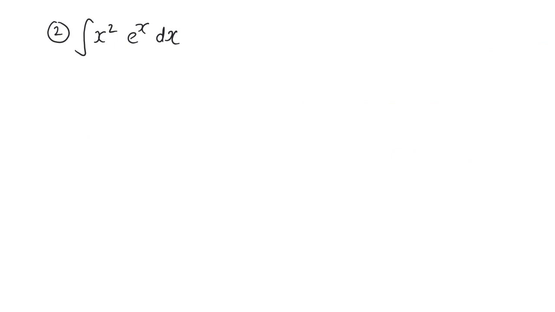So now our second one, we're integrating x squared e to the x. Again, it's a product, so we know it's parts. Let the first term be u, so u equals x squared, so du by dx is going to equal 2x, which means dv by dx equals our second term, that's e to the x, and we'll have to integrate that to get v, and we know that when we integrate that, we just get e to the x.